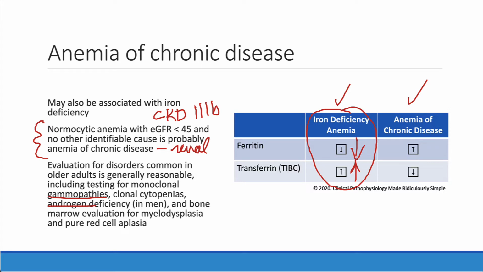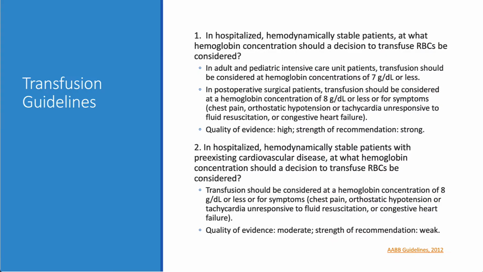But look what happens in the anemia of chronic disease. That's very different. The ferritin is up and the TIBC, or the transferrin, is low. So that's complete opposites. And this is the thing that will help you to differentiate iron deficiency anemia from anemia of chronic disease. Okay?